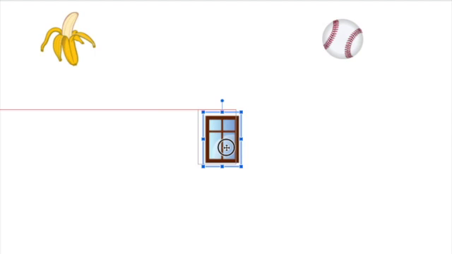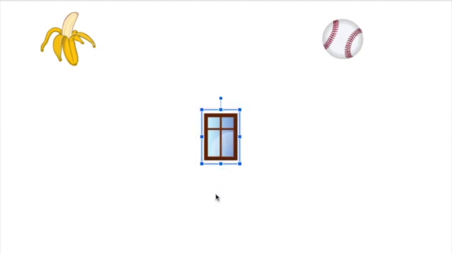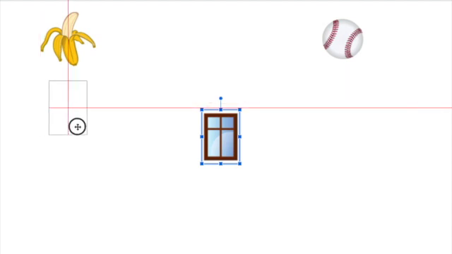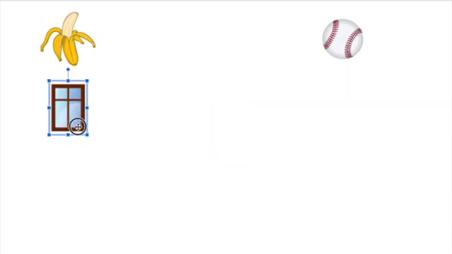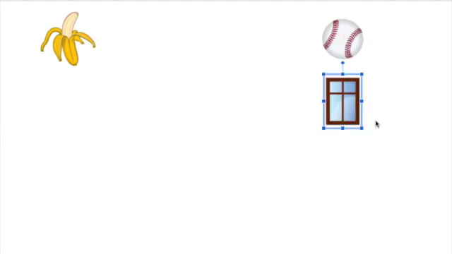Okay, so I'm going to bring another image in, and as I do so, we're going to take a look at this particular picture. It looks like it's a window, and I need you to think for a second as to whether this particular shape has more visually in common with the banana, or does this have more consistency with the baseball here?